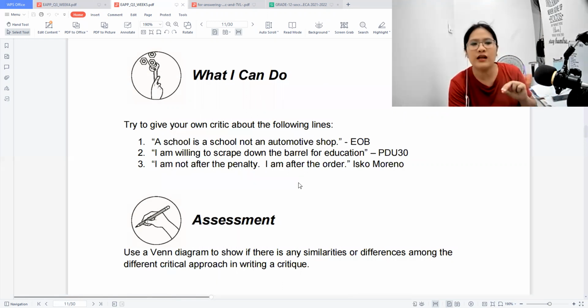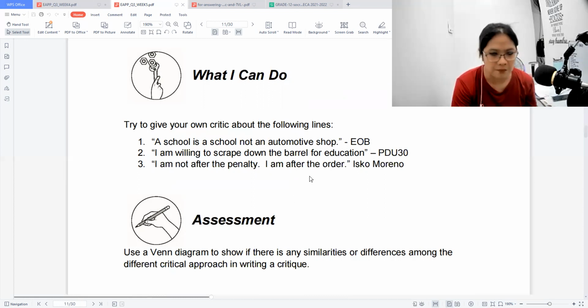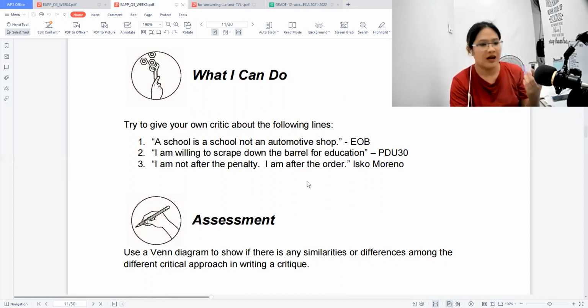So if you're going to make a formalist criticism of that, you're going to focus on the rhyme, on the metaphors, on the persona, sinong kausap ng persona, sino yung audience, ano yung mga literary figures na ginamit. But you're not going to talk about kailan siya nasulat.